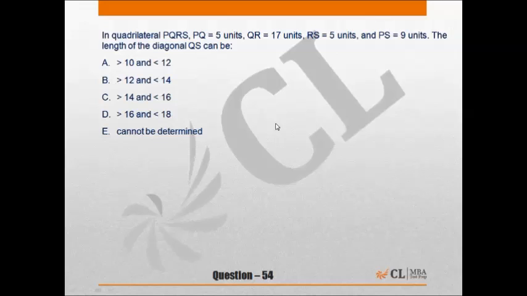Here we have a quadrilateral PQRS, in which PQ is given as 5, QR as 17, RS as 5, and PS as 9, and we have to find the length of diagonal QS.